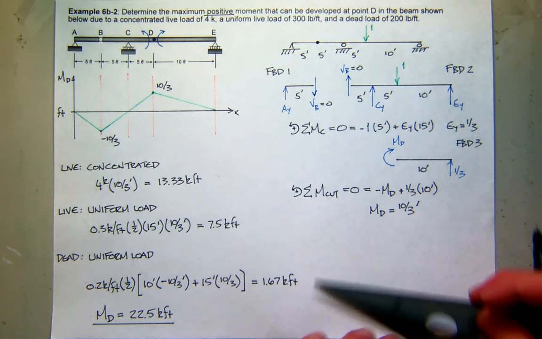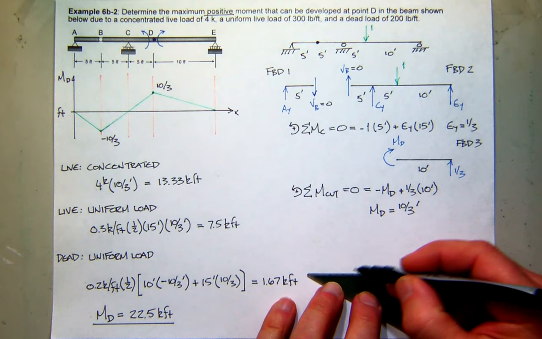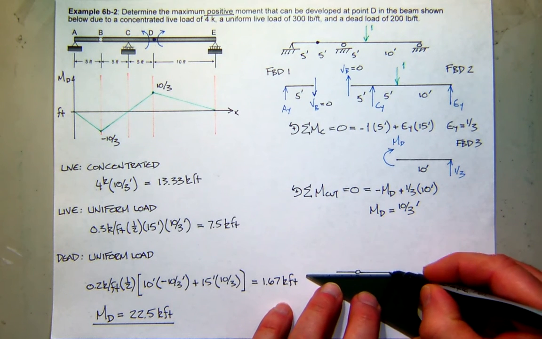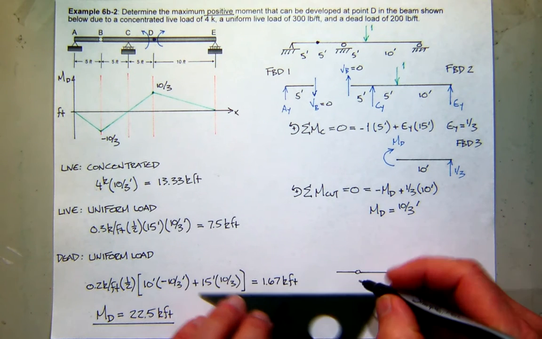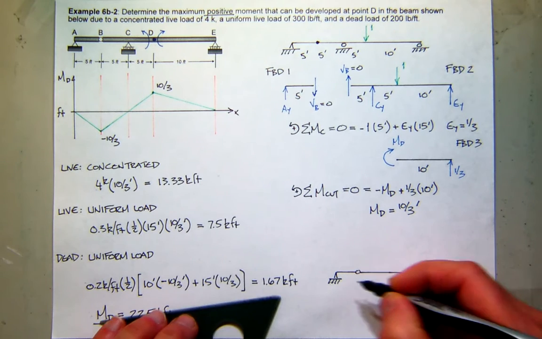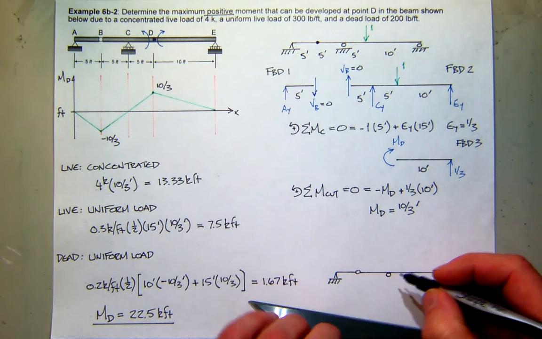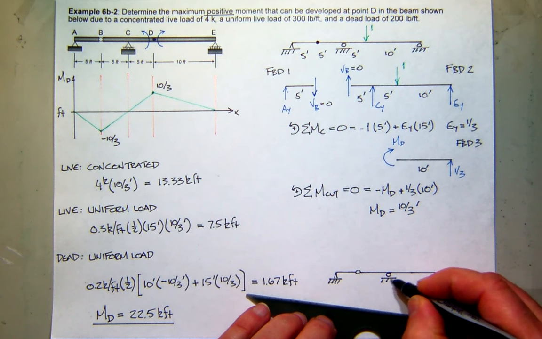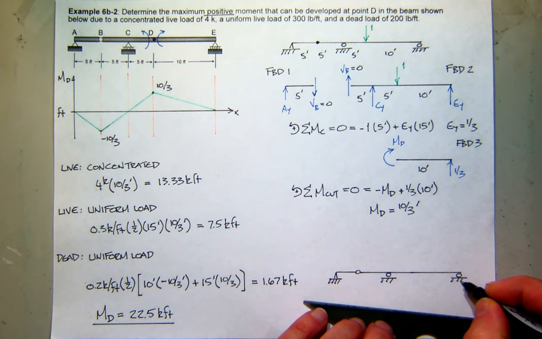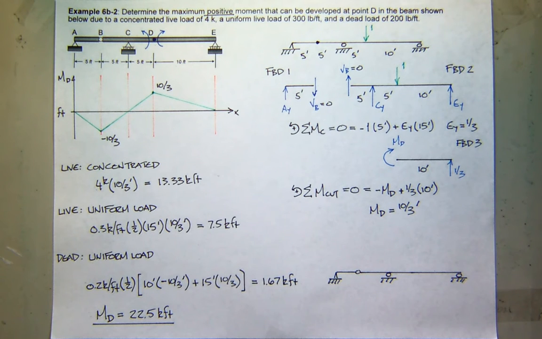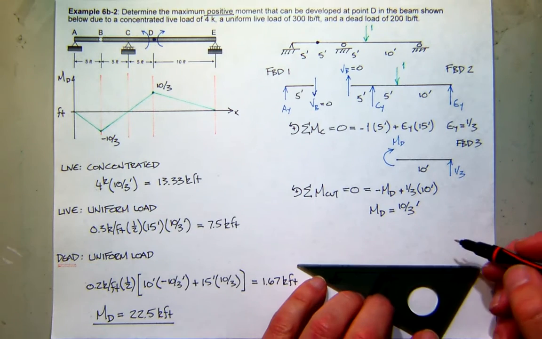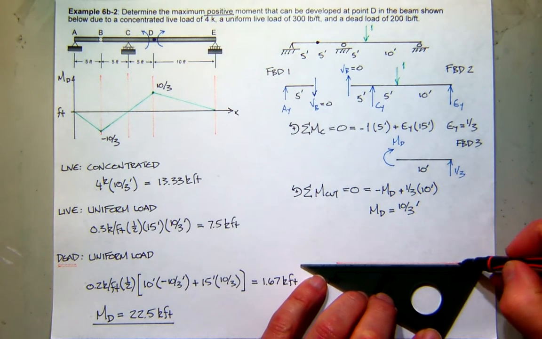So let me redraw the structure here real quick. I'll sketch on the position of the loading just so you can see it. So there's the original structure. The dead load extends over the whole structure.